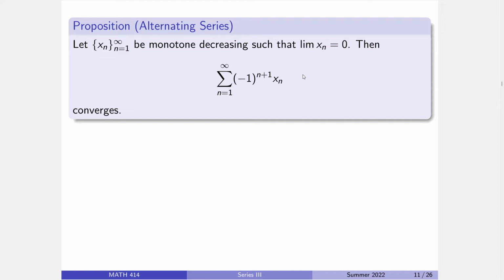So you start at x1, and then you go to the left a little bit, and then you go to the right. But note, x3 is no bigger than x2. So adding x3 does not get you past x1. So what we're going to prove is that the sequence of partial sums here are going to be bounded.